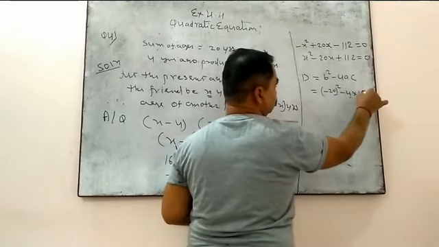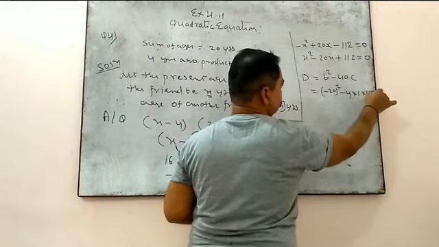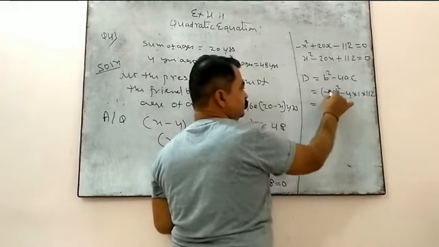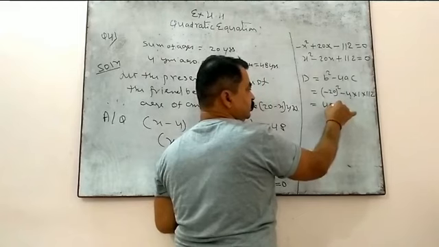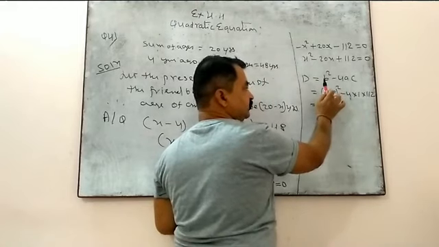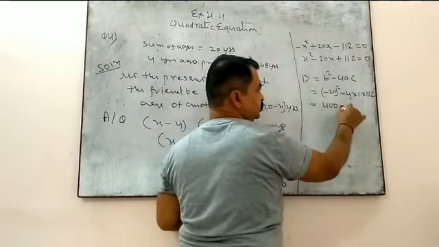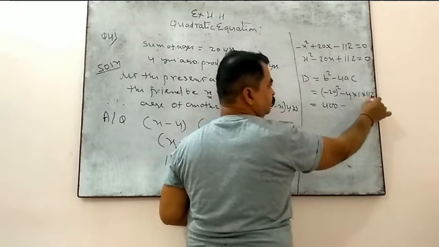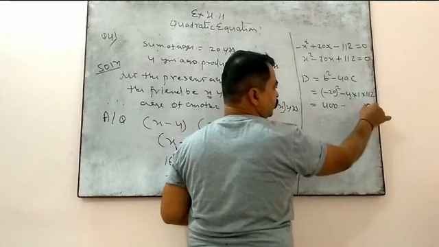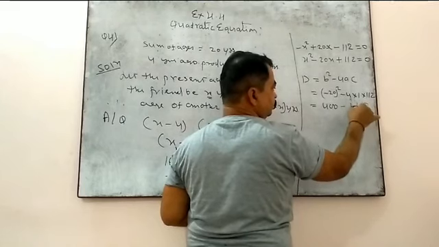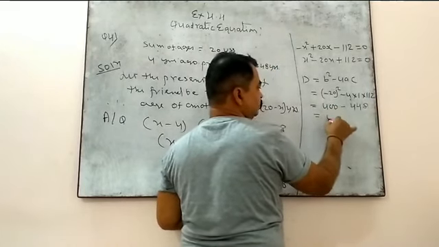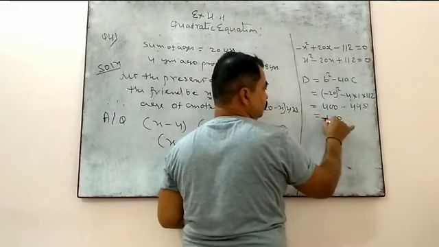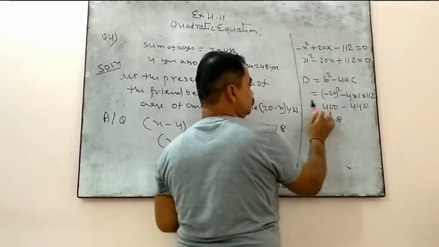Nothing, that is 1, and c is 112. So see, 20 square, we get 400, minus 4 into 1 into 112, that is 448. What do I get here? Minus 48. A negative value we are getting here.